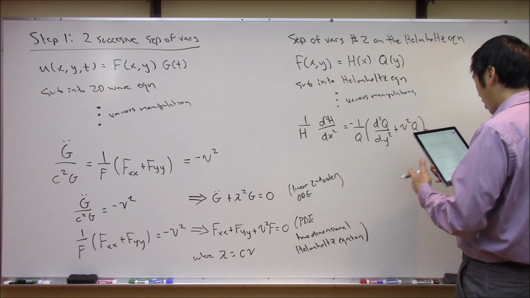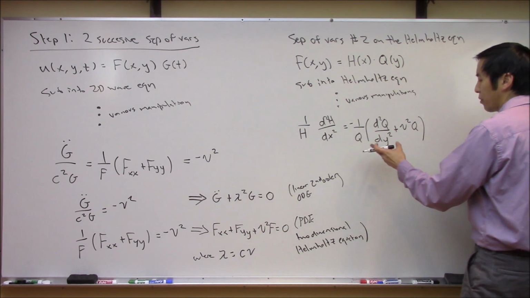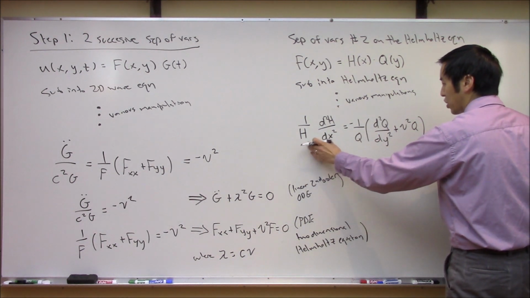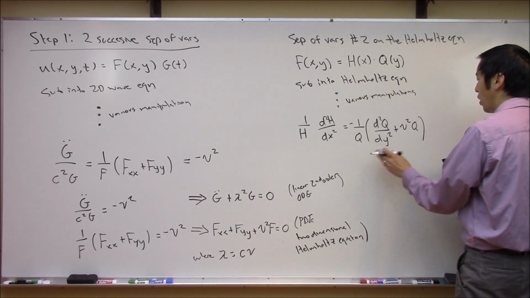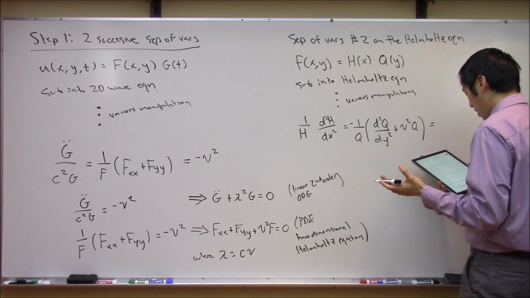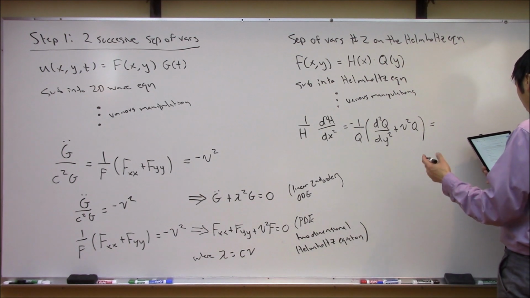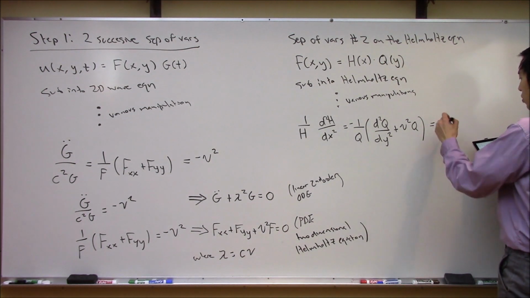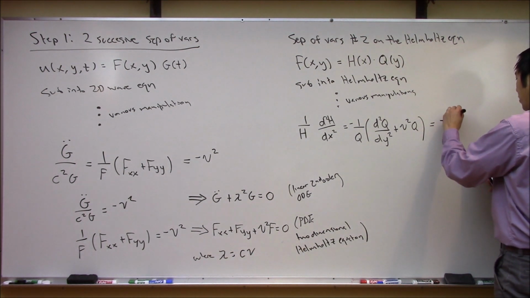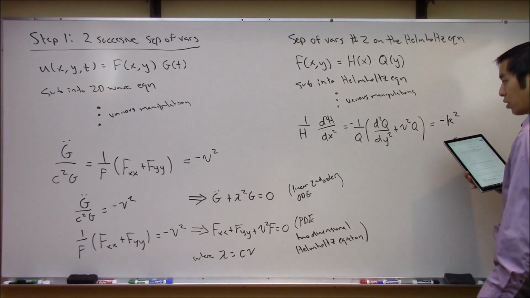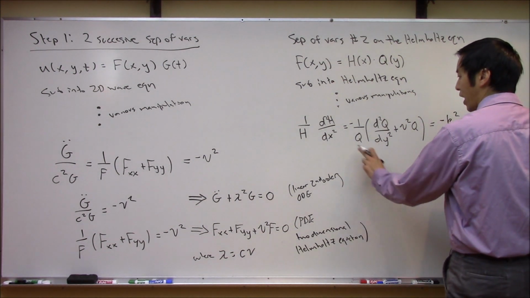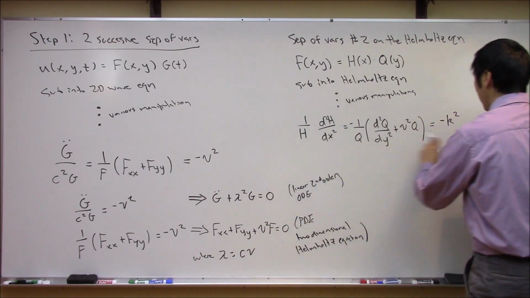Same thing here. Let's go ahead and make the exact same logic here, that the left-hand side is only a function of x, the right-hand side is only a function of y here. So again, this has to equal a separation constant. Same thing, we need to have this thing be negative to avoid a trivial solution. So let's call this separation constant, how about minus k squared here? Okay. So here we go. We set the left side equal to minus k squared.